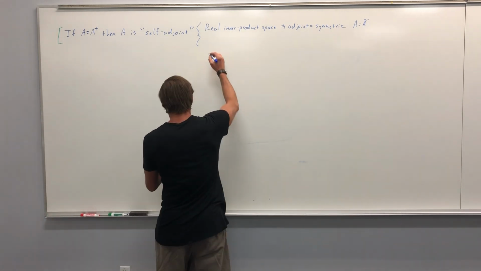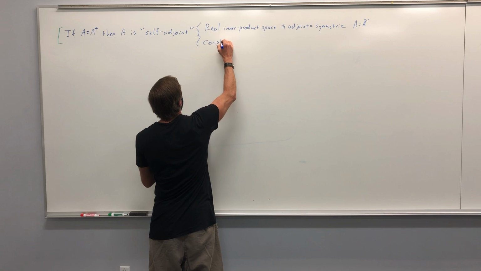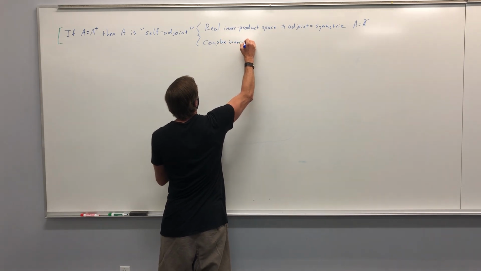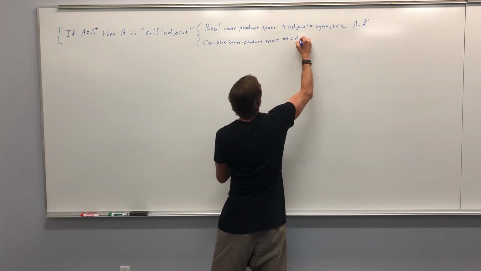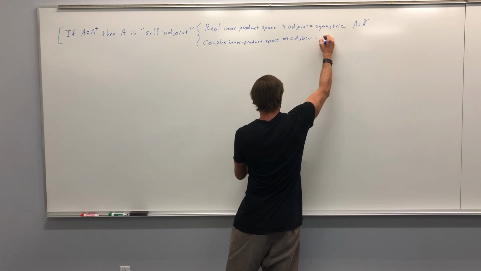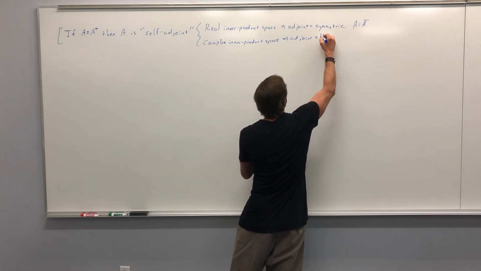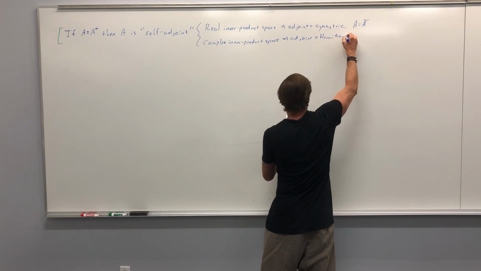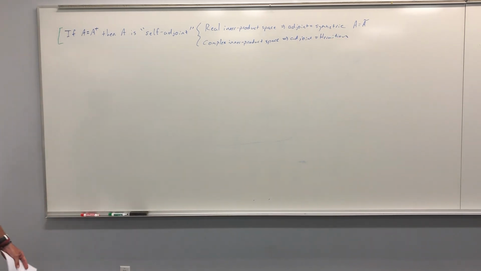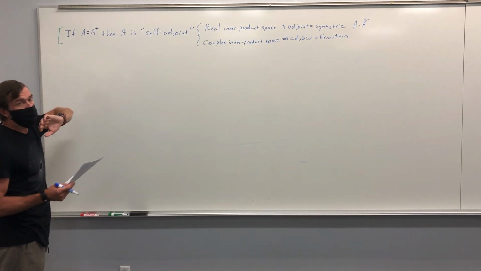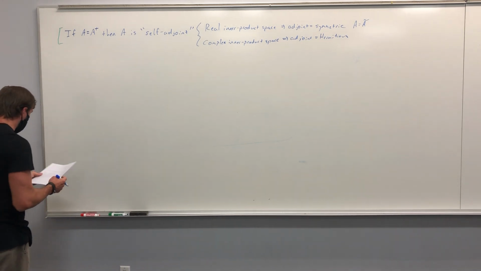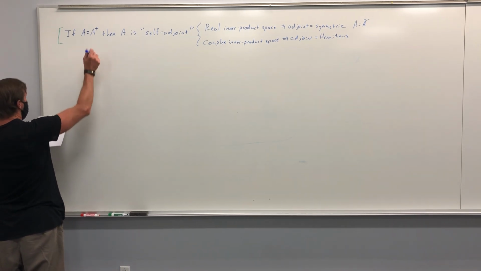If, of course, you're working on a complex inner product space, then adjoint equals Hermitian. So now, let's focus on Hermitian operators for a moment and write down some important properties. All of these are the results of theorems which can be derived from this definition.